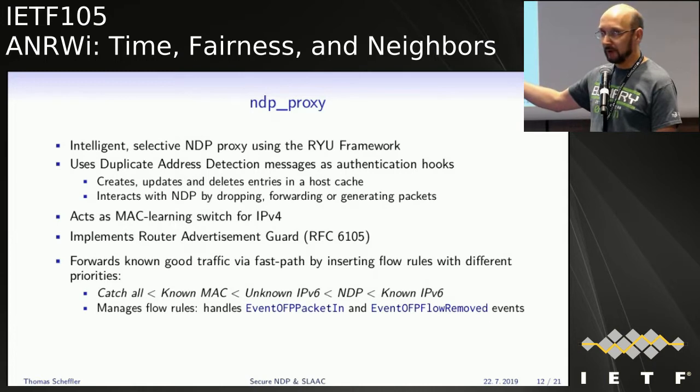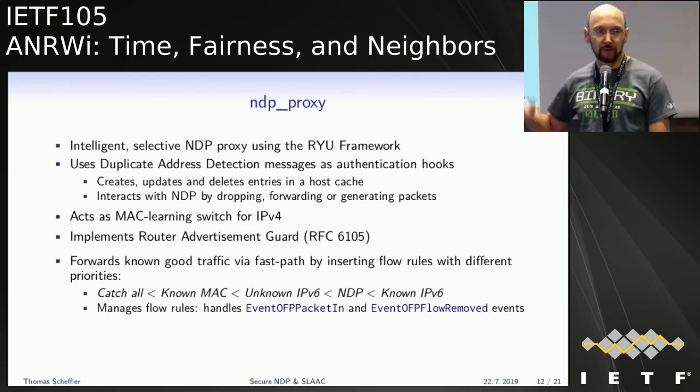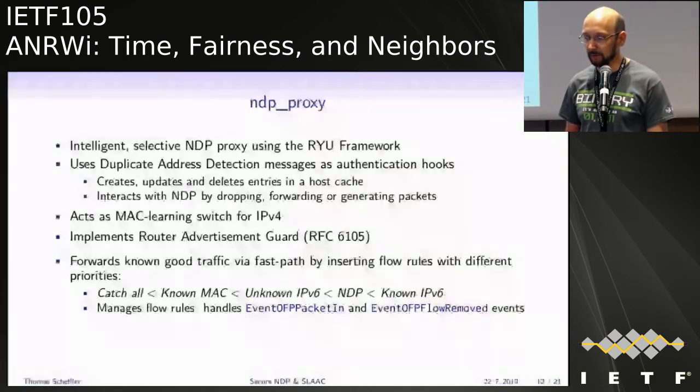Then we filter IPv6 messages as such, and then we have NDP traffic, which we catch. And if we know this host, then its flow rules take priority over this. So we should only ever see the first NDP packet for a certain flow, and then all the subsequent messages should be switched directly on the switch.